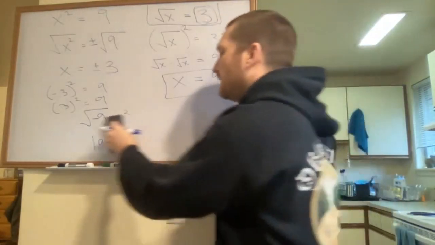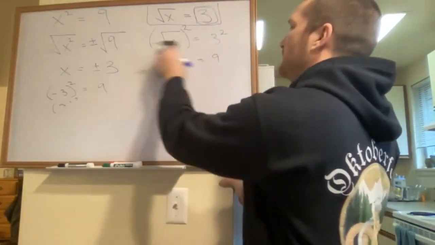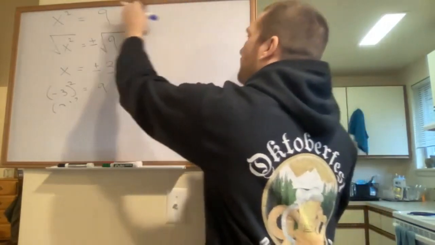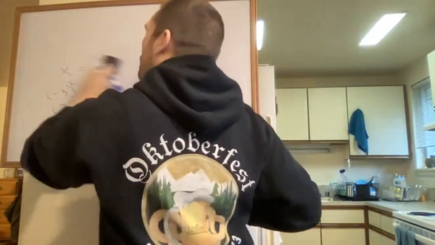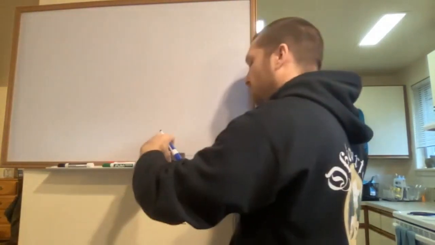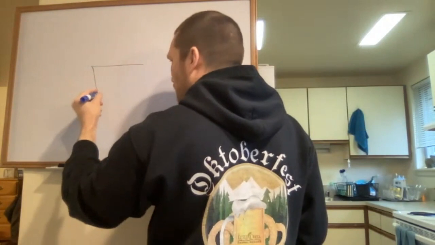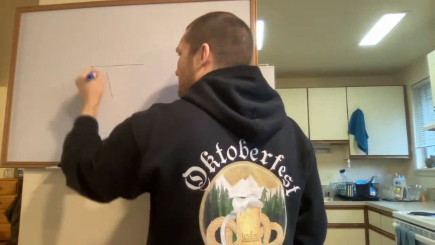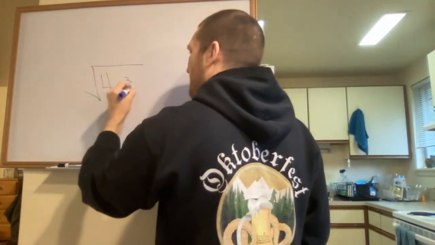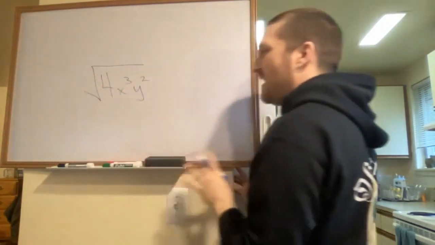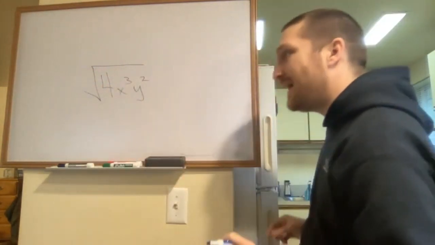Yeah. Long story short, forget about absolute values for now. I did want you to see them because you may very well run into a standardized test one day that says, simplify this. And then there's a bunch of multiple choice answers.